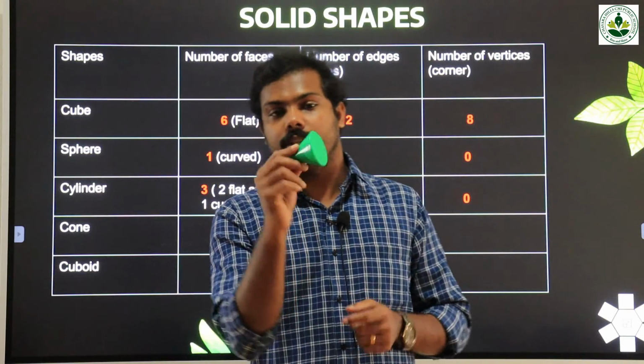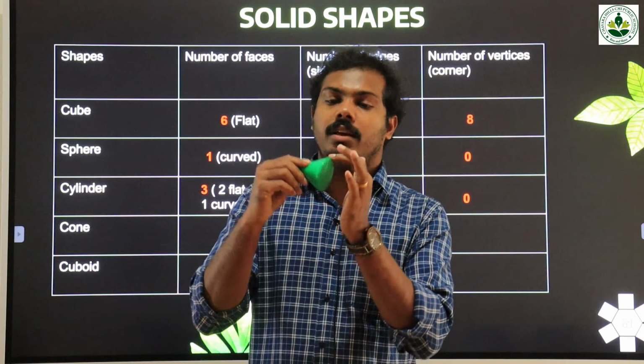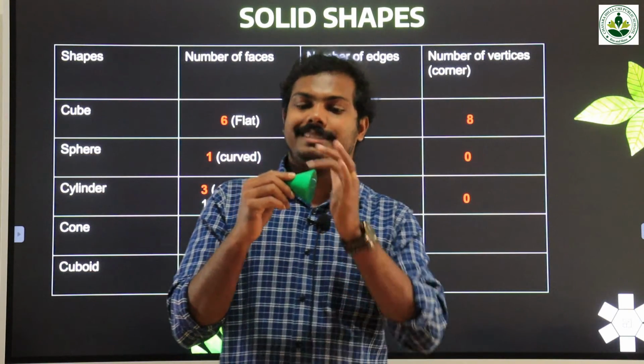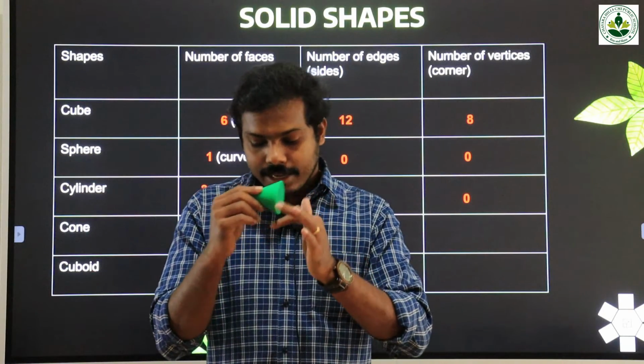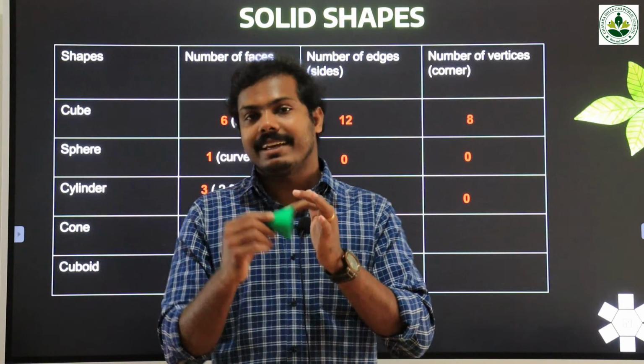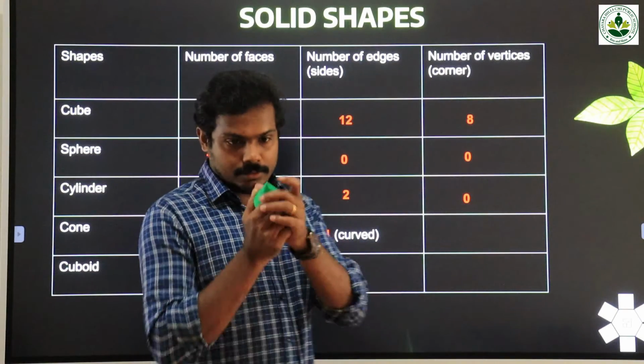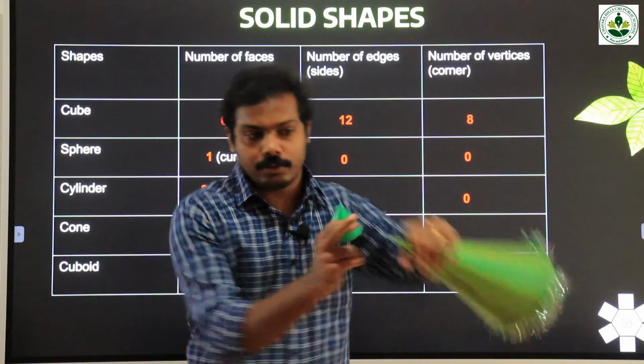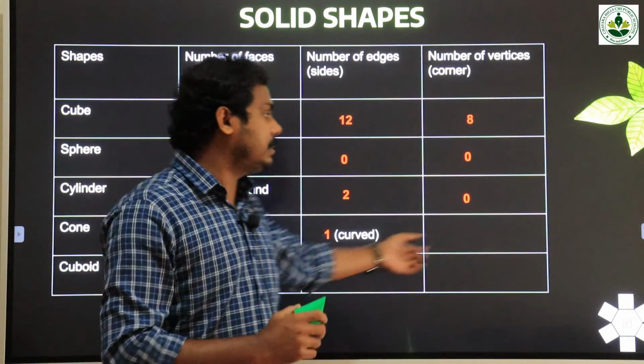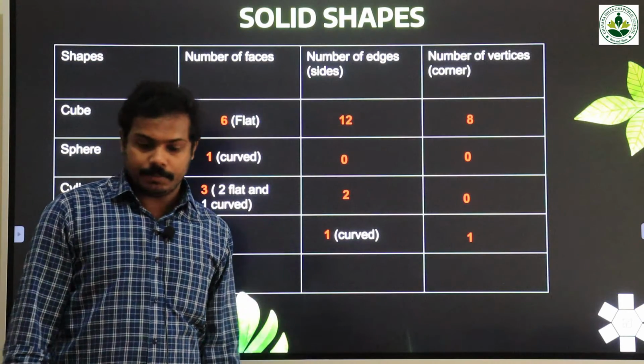When we look here, we can see only 1 curved edge. And the number of corners. Here you can see 1 corner. So number of corners is 1.